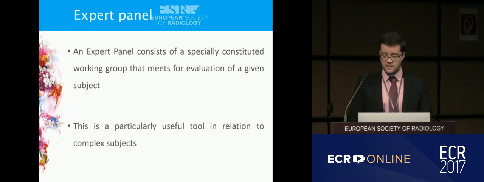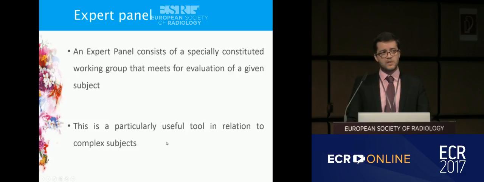And the last option that I bring you is the use of an expert panel to check weak areas, or which areas should be addressed in terms of patient safety. Basically this panel consists of a specially constituted working group that meets for evaluation of a given subject.